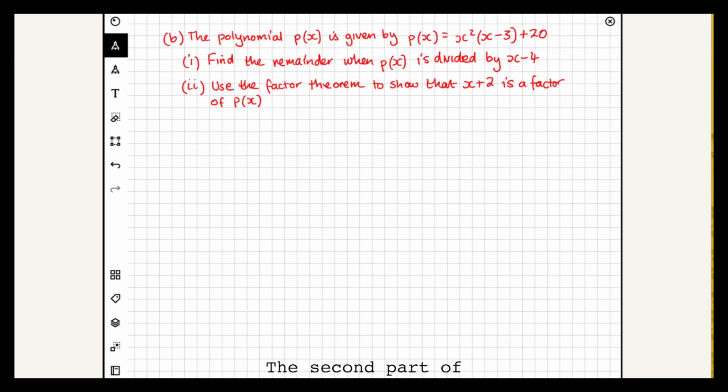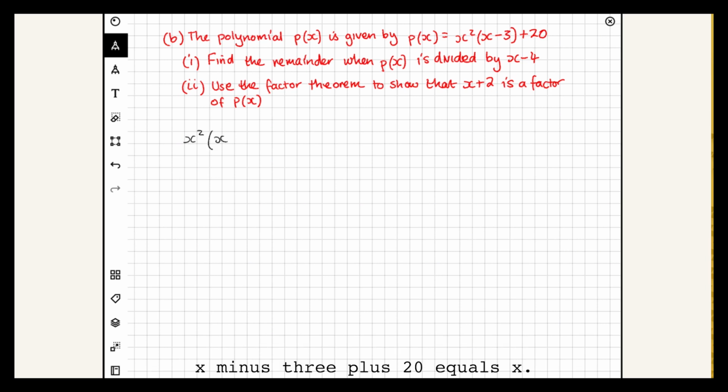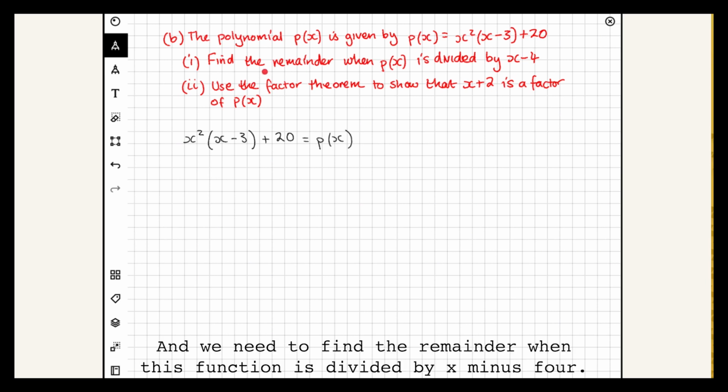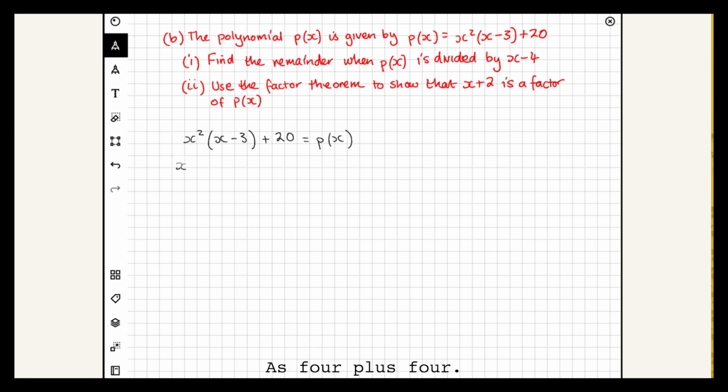The second part of this question I've broken down into two halves here. We've got this polynomial given by p of x equals x squared, x minus 3, plus 20, and we need to find the remainder when this function is divided by x minus 4. From the remainder theorem, we know that if we substitute in x as 4, so p of 4, we will get the remainder.